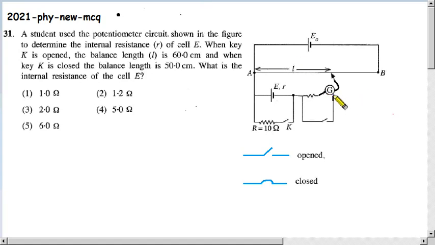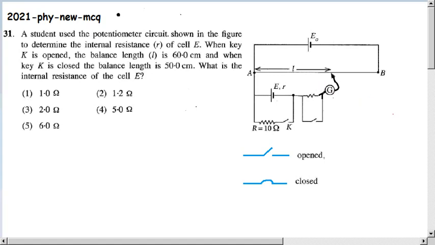The resistor was parallel earlier, but now this one also should come here like this. So it should be like this.